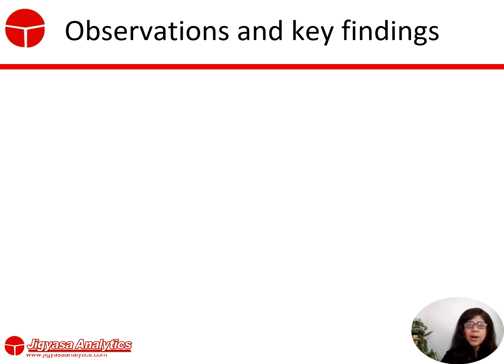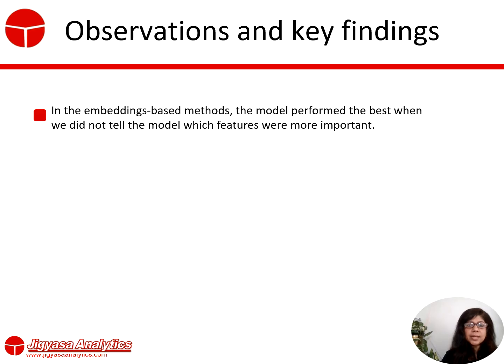Firstly, the surprising thing that we noticed in the embeddings-based models is that the models perform the best when we did not tell the model which features were more important. We saw that when we embedded the features into the image without adjusting their position or size, the model performed well. The model's performance and AUCs decreased when we attempted to identify the more important features.